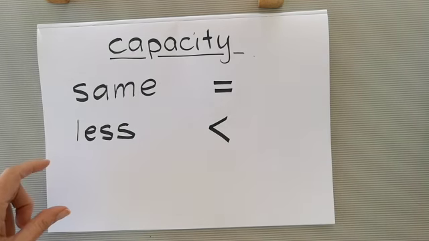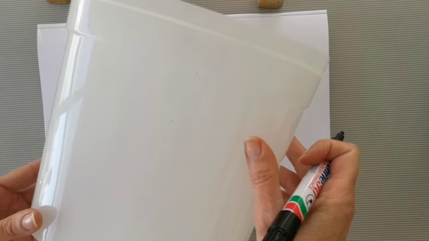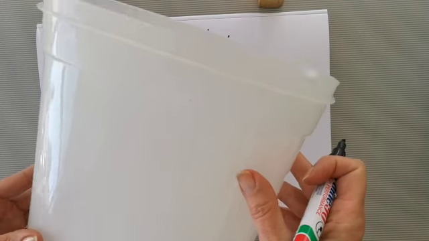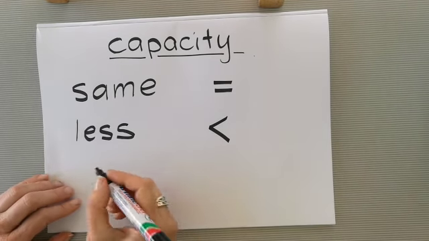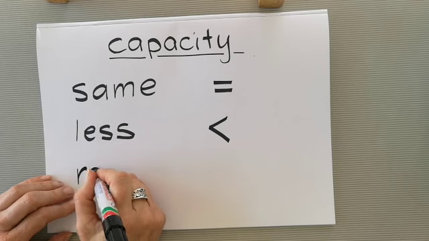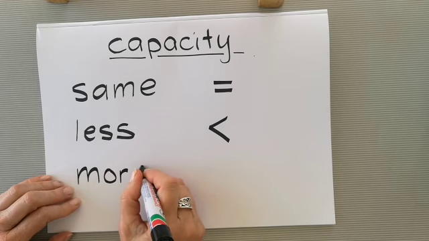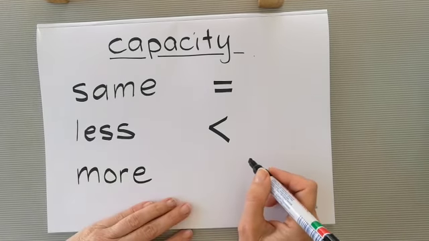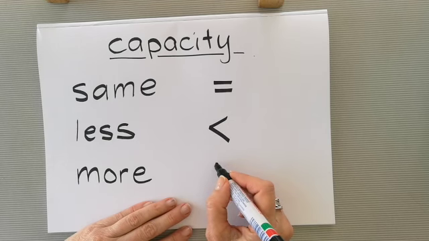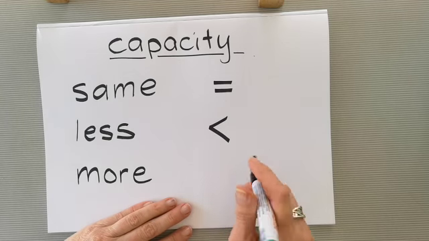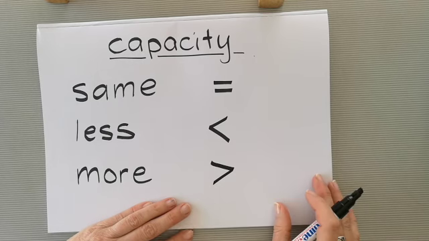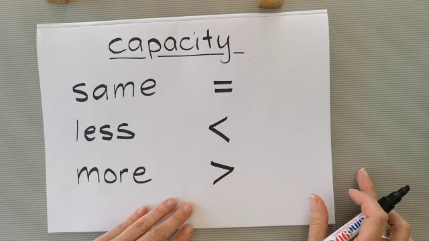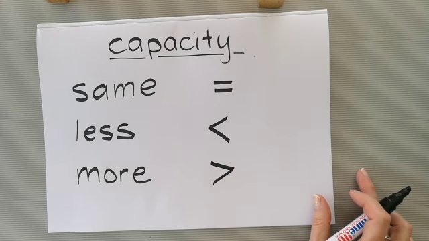But if we wanted to explain about this container, which was the larger container, it had more capacity, didn't it? So we would write more. And what kind of symbol could we use here? We do have one, don't we? It's like the opposite of our less than. It is the arrowhead pointing this way, up the number line.